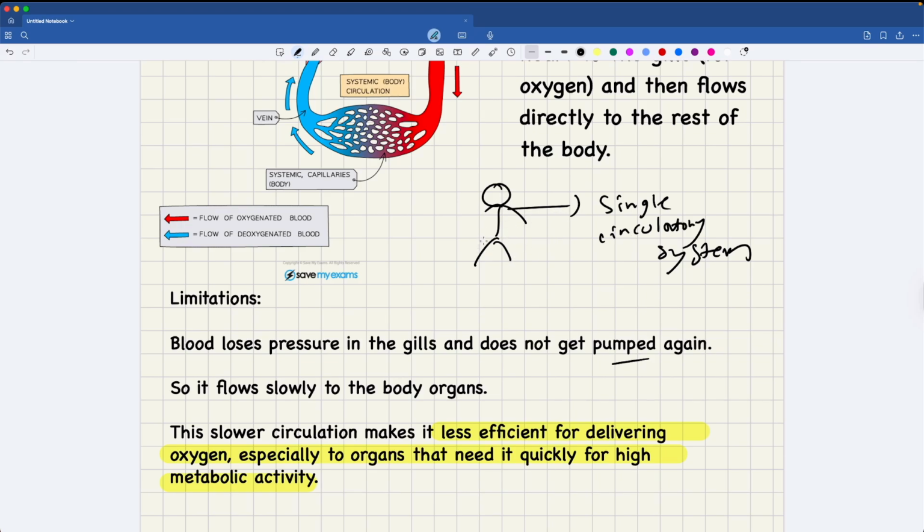Organs such as muscles require a high level of oxygen because they require a lot of energy. As a result, we would not be able to move quickly or even slowly, because we need oxygen. Our cells would start to die.